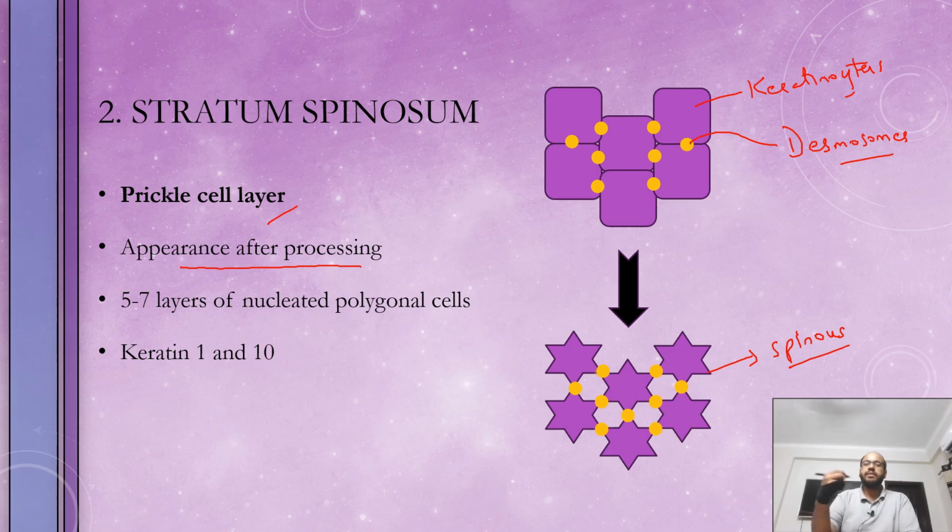That is why the name stratum spinosum was given, but it is just an artifactual appearance after processing of the tissue sample. Okay. This cell layer is 5 to 7 layers thick of nucleated polygonal cells, and the keratin is now 1 and 10. Remember, it is keratin 5 and 14 in the basal layer, gradually shifting to keratin 1 and 10. So let's move forward.